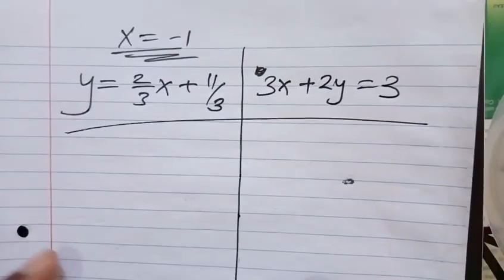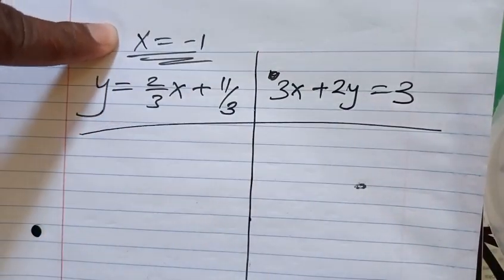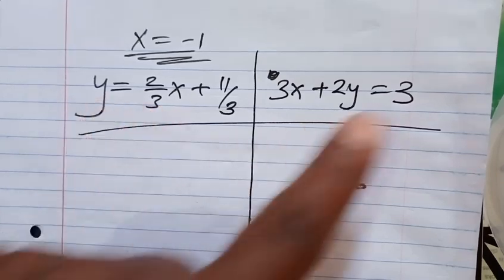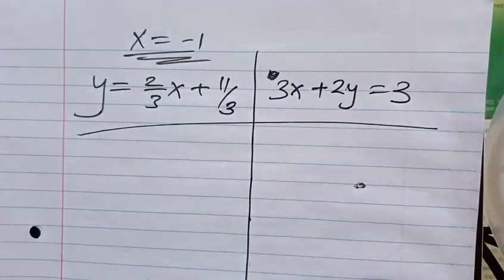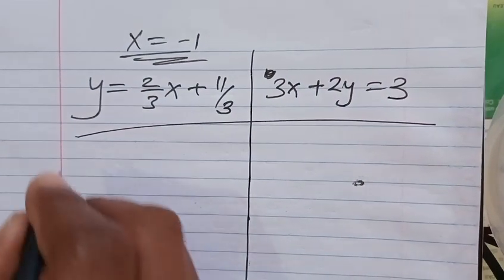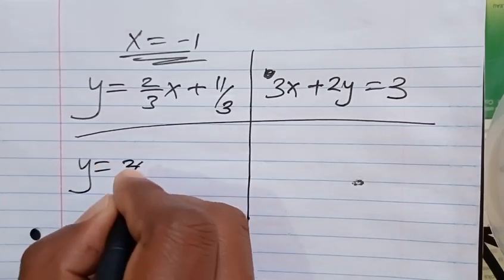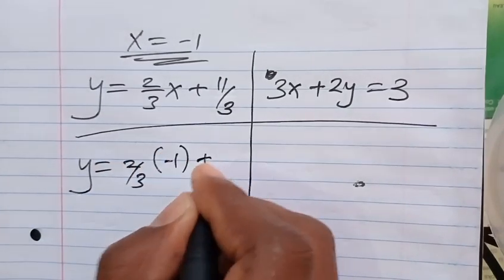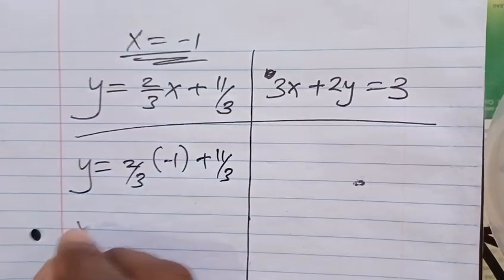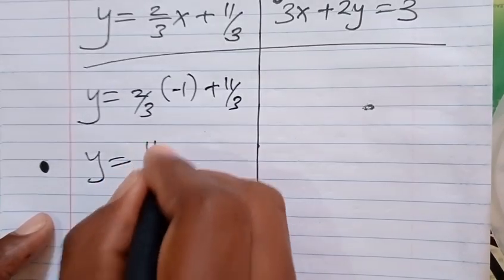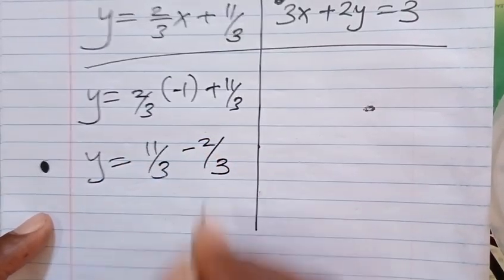So if we are writing the value of x, we will substitute it in either of the two equations and get the value of y. So we start from this one. Y is equals to 2 over 3 into negative 1 plus 11 over 3. In other words, y shall be 11 over 3 minus 2 over 3.